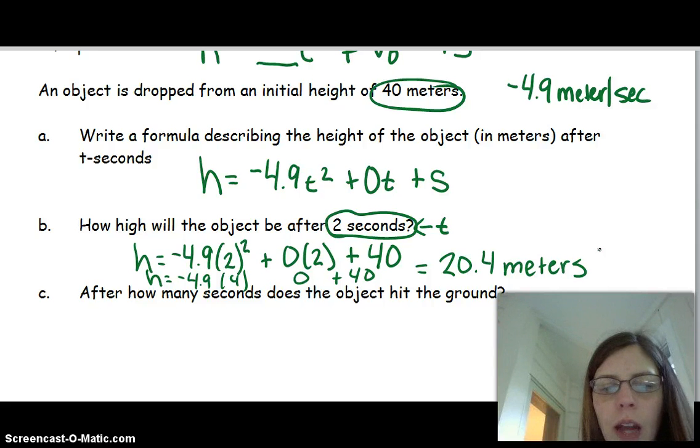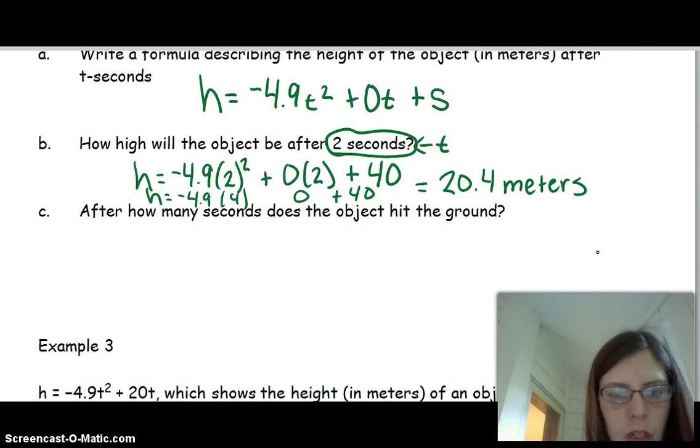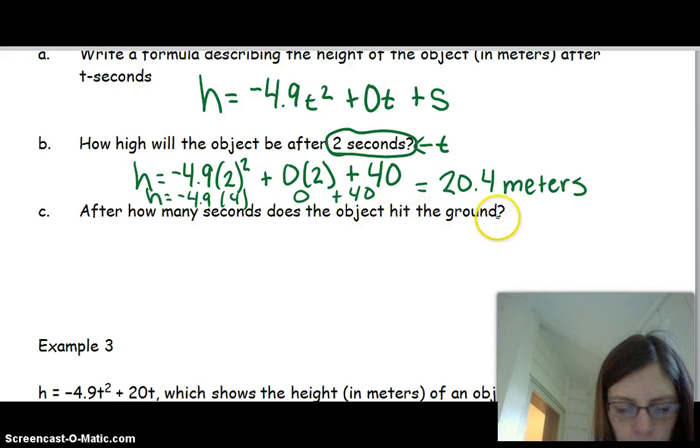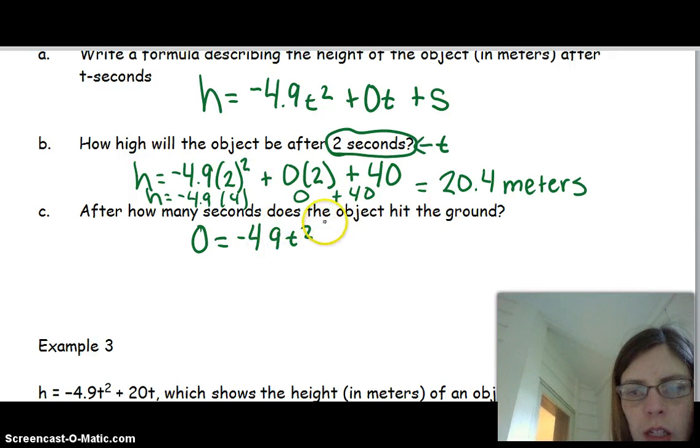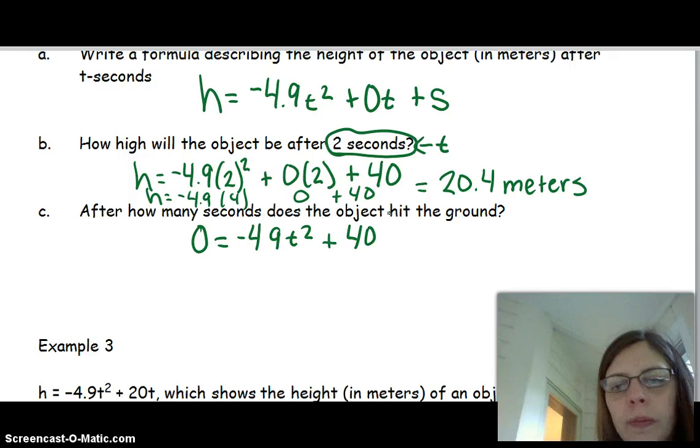The last question on this one says, after how many seconds does the object hit the ground? When the object hits the ground, it has a height of 0. Use the same formula, negative 4.9 t squared. Again, it has no velocity, so I'm going to take that part out, and it starts at an initial height of 40.